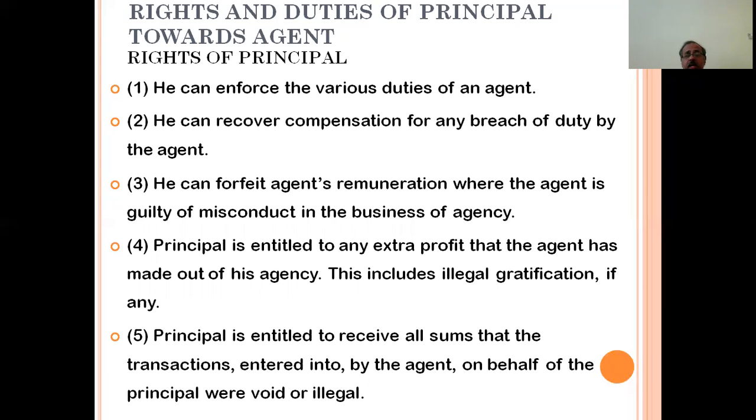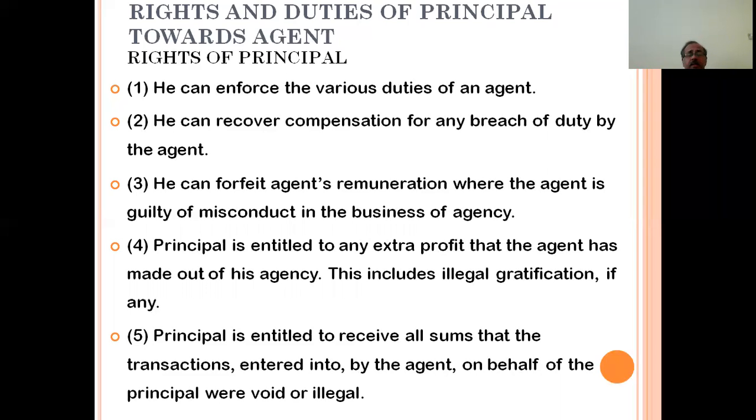This includes illegal gratification, if any. The principal is entitled to receive all sums where the transactions entered into by the agent on behalf of the principal were void or illegal.